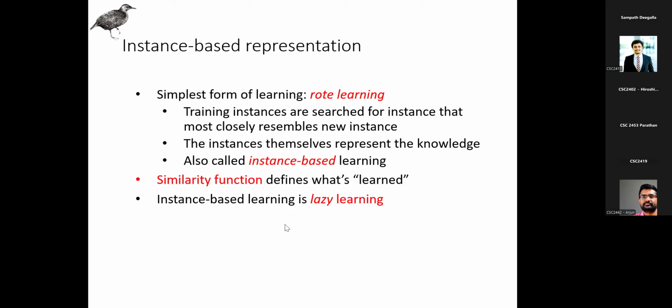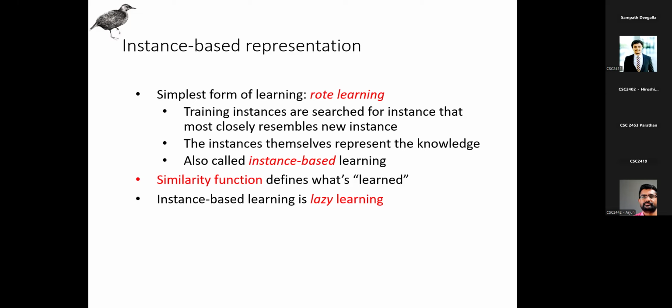One thing to note here is that since there's no model building like in trees, this is known as lazy learning. Why do we say lazy learning? Because the learning happens when you get a new instance, when you want to test something. That means we delay the learning until we get a new instance.